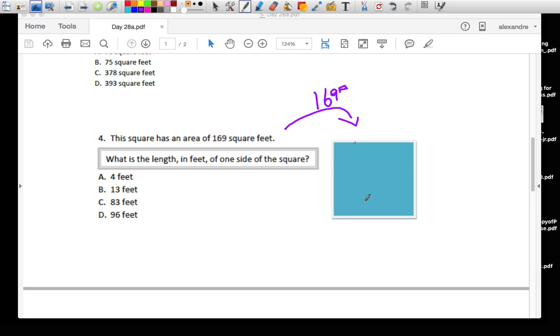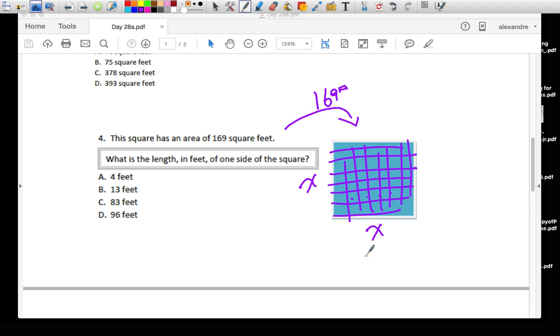We want to find the sides. Because I know it's a square, I know all the sides are equal. So whatever x value this is, all sides will measure the same.